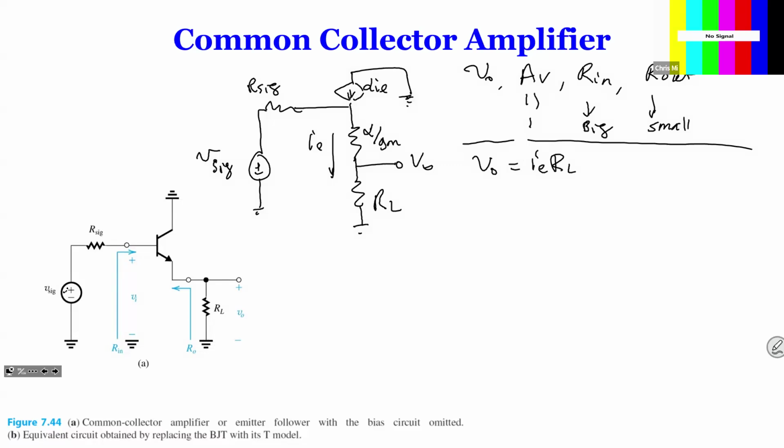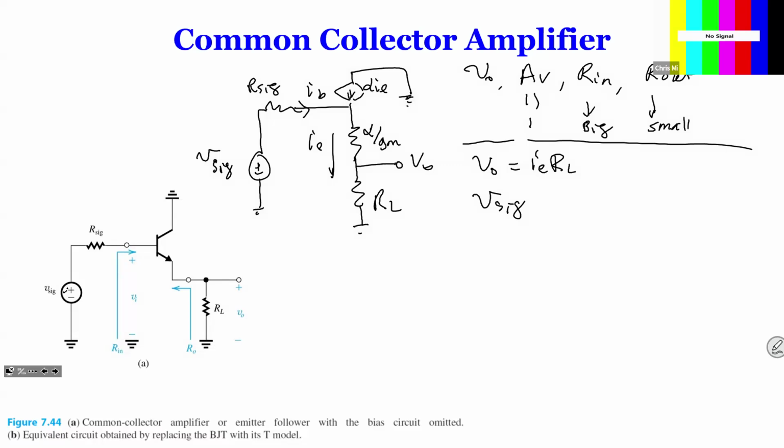So the next is we need to find what is VSIG, because the ratio is between VO and VSIG. Now, of course, you guys know that this is a loop. Even though the loop has a different current in different branches, that's the purpose of loop analysis. You can still write the loop equation. So your loop equation will be VSIG equal to the voltage drop on RSIG, the voltage drop on alpha over GM, and the voltage drop on RL.